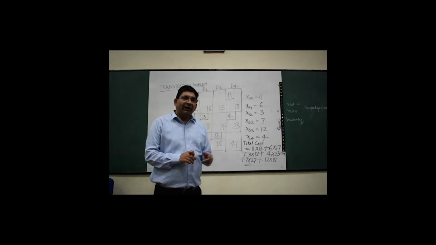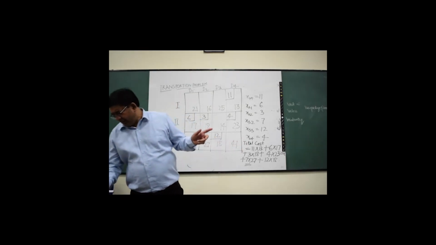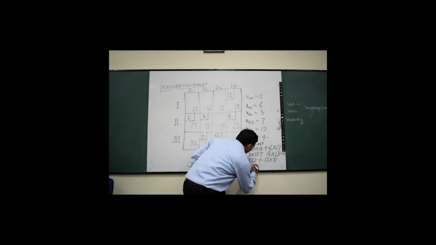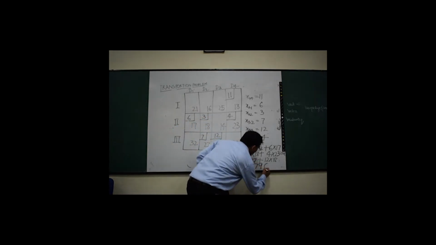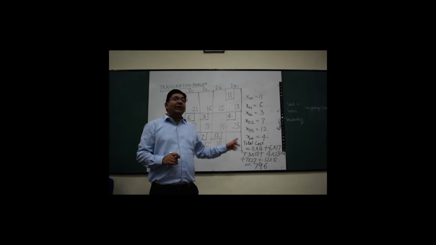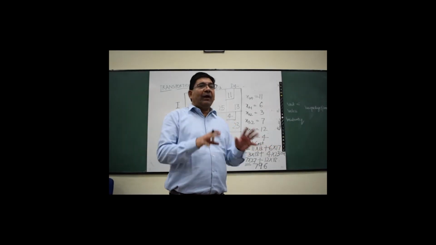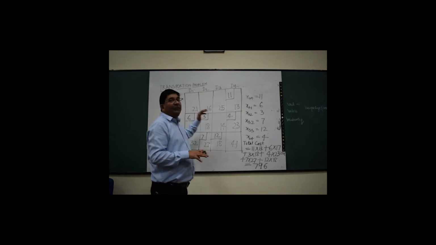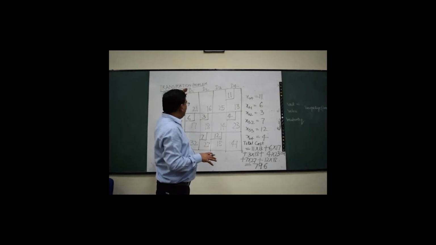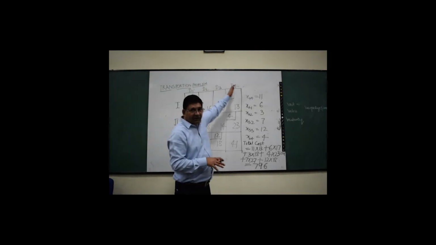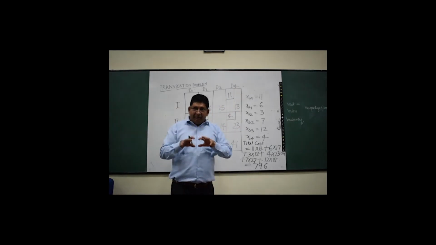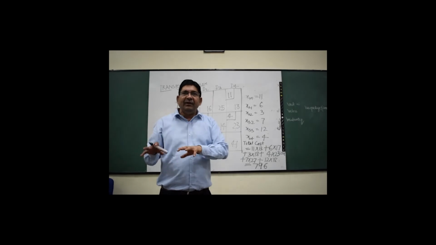796. So this is the cost of transporting your material from your three sources to four destinations where the requirement is met at the four destinations.